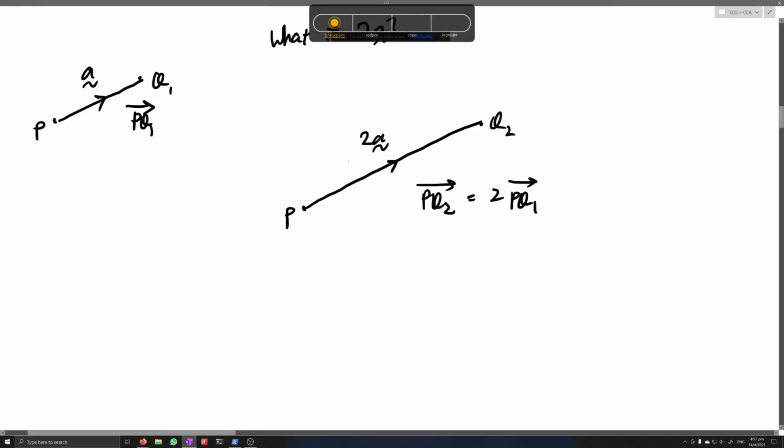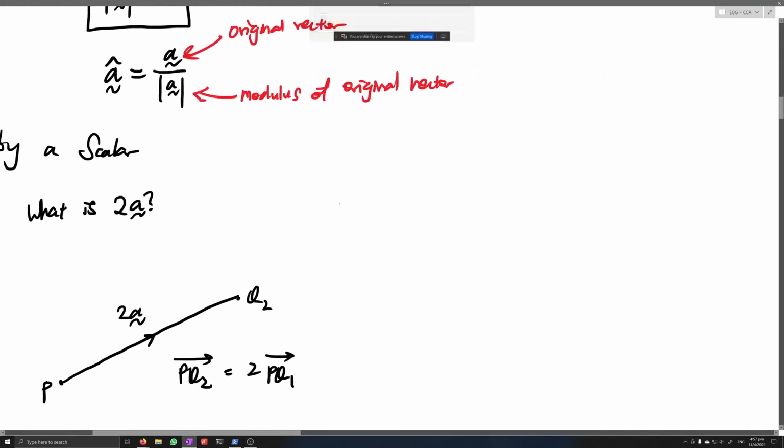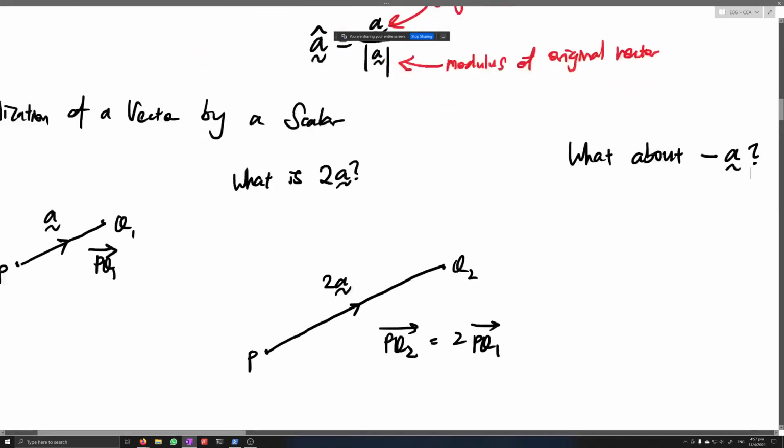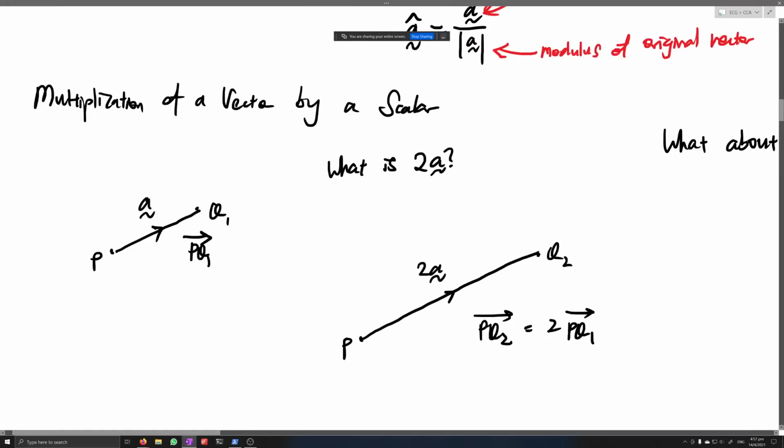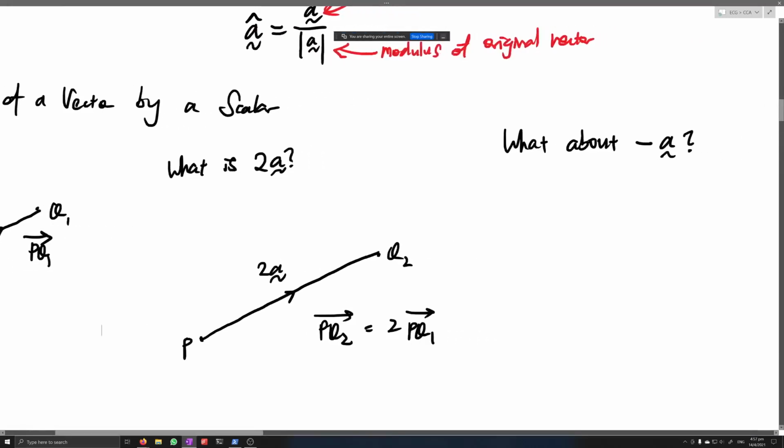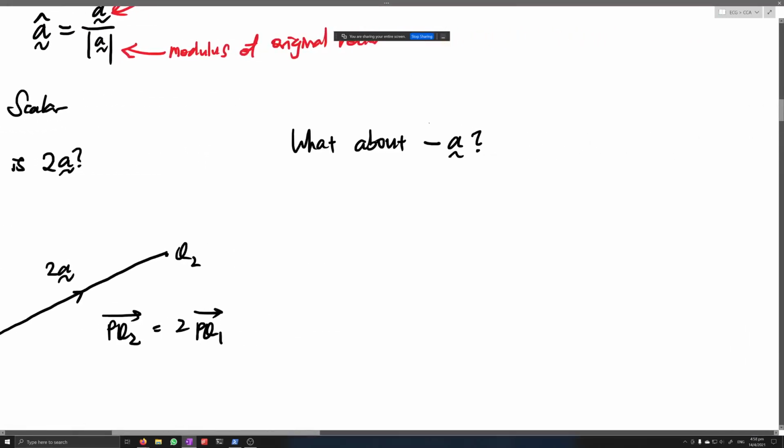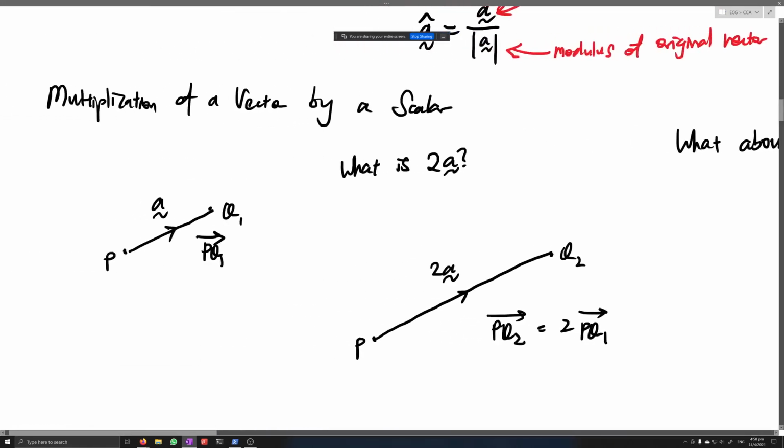Then you might be wondering about minus A. If I multiply a vector by a negative number, -1 in this case, the magnitude should stay constant because you scale it by 1, it's the same. But because it's negative, we actually flip the direction.